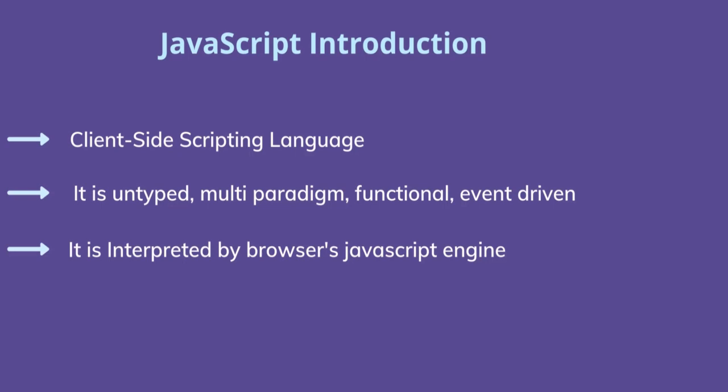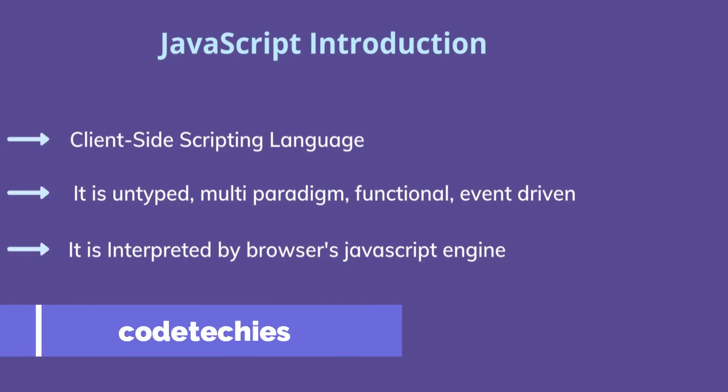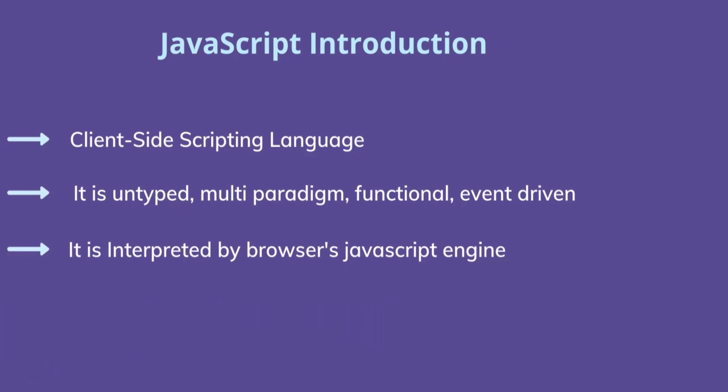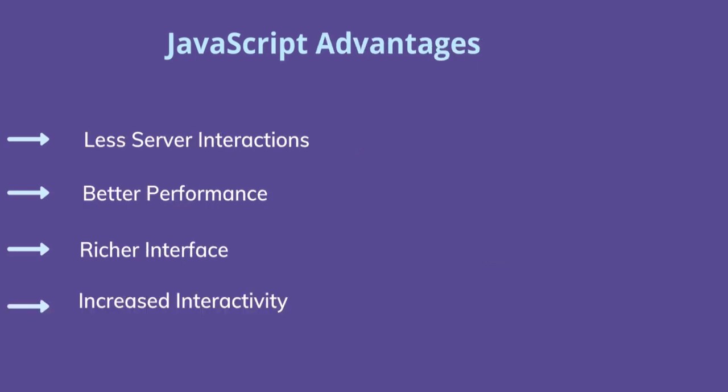So that JavaScript engine is actually able to execute the code which is written in JavaScript. And make sure while doing this, your JavaScript must be enabled for that particular browser. Only then you will be able to see the execution of your JavaScript code.